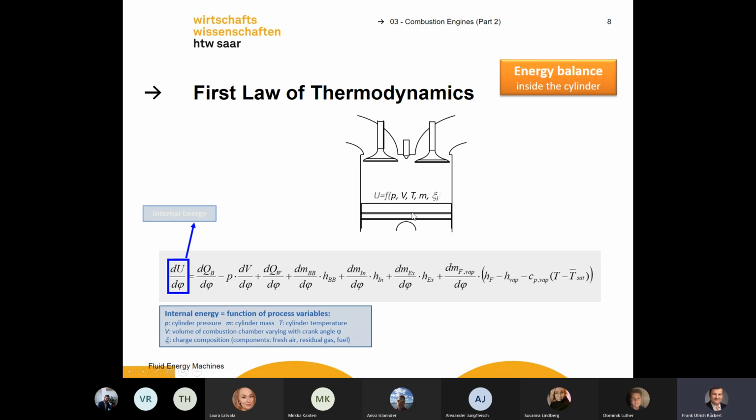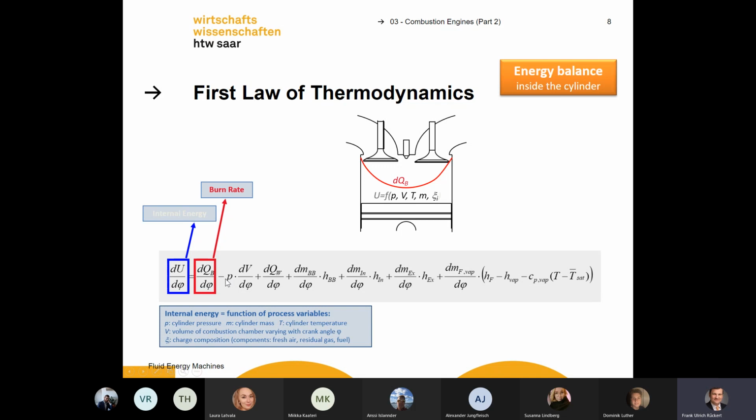So we have internal energy. And you know, the most important law in thermodynamics is the ideal gas law. Yeah, that's really important. You keep it in mind. You need it if you want to understand the combustion engine. Okay.